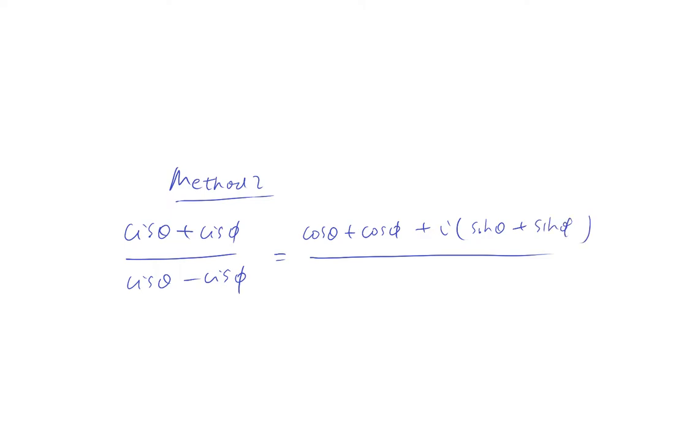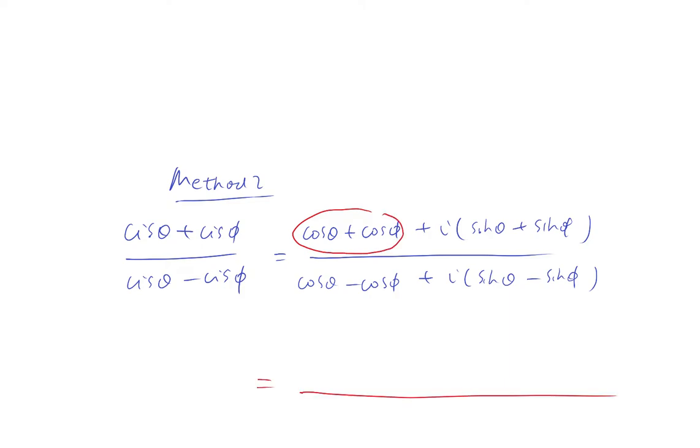This is your top part, and then the bottom part will just be cos theta minus cos phi plus I sine theta minus sine phi. Okay, and then you just need to use the sum and product formula from trigonometry.